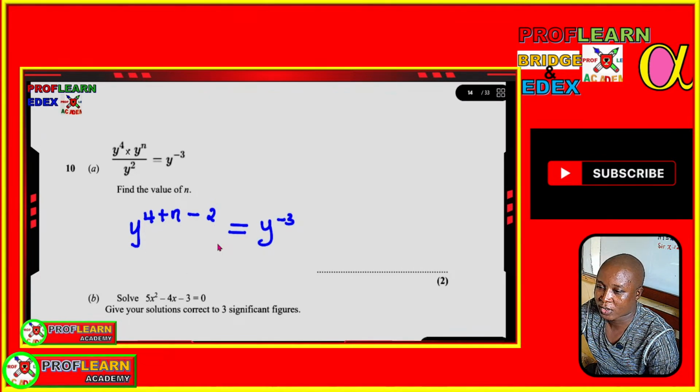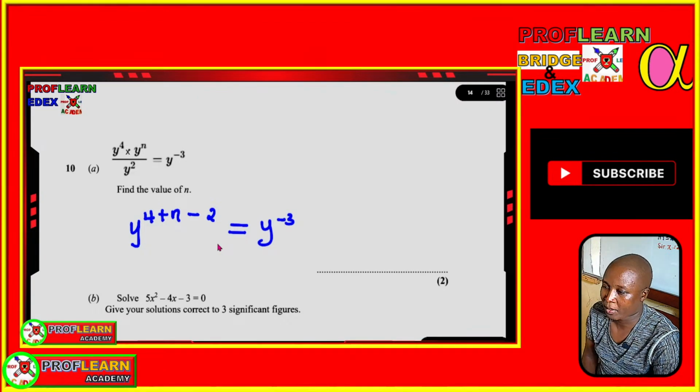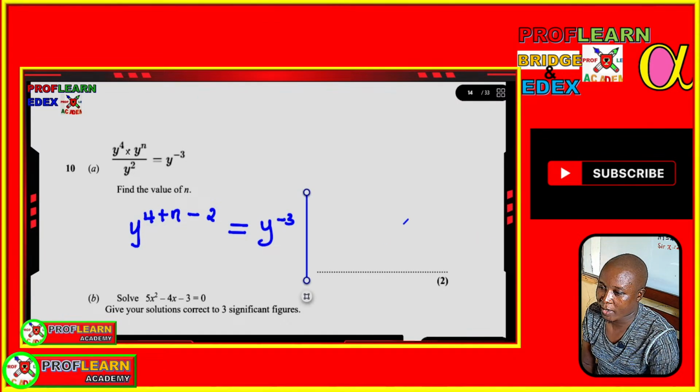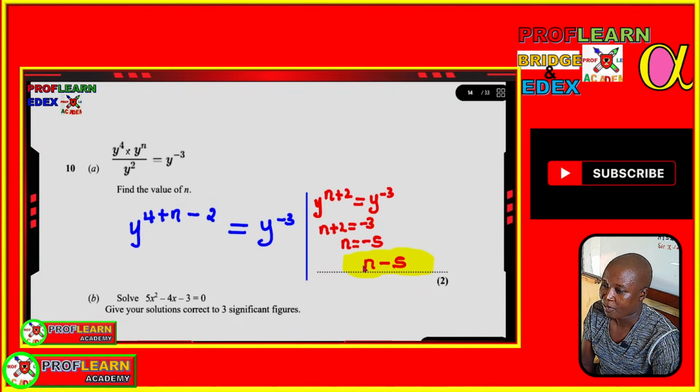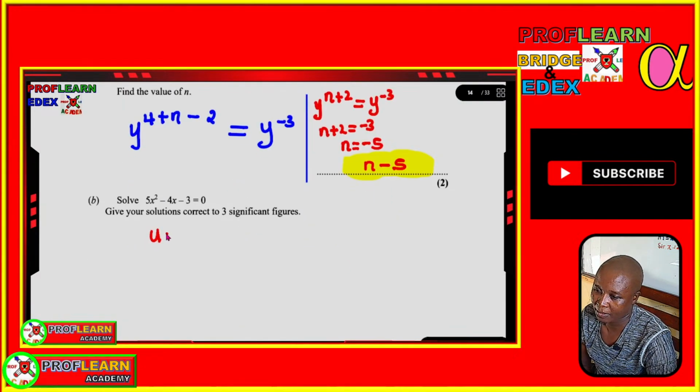So 4 plus n minus 2 is equal to negative 3. Working this out, n is equal to negative 5, and we write our answer here just to make the examiner happy.